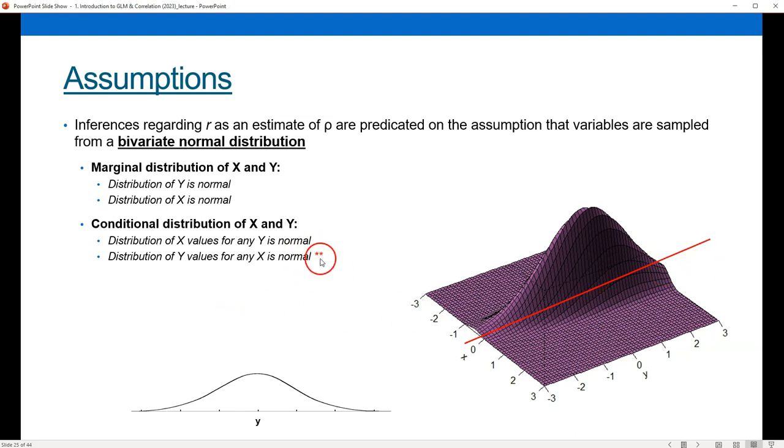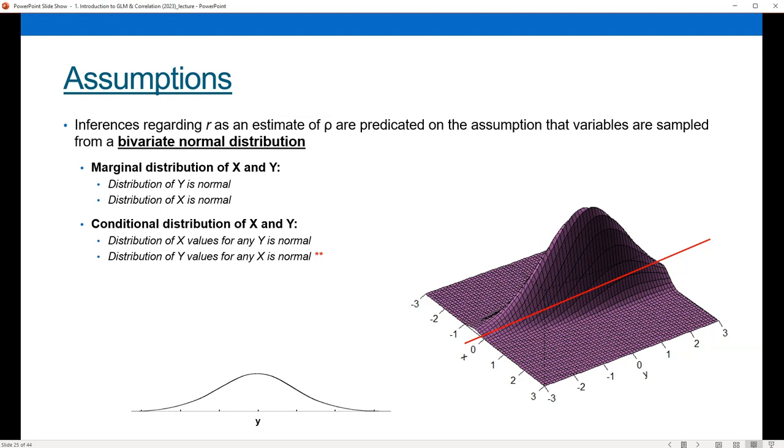Now, notice that I've asterisked the conditional distribution of y. For our Pearson correlation, we're assuming the conditional distribution of x is normal and the conditional distribution of y is normal. Technically, in regression, we have no distributional assumptions for our x values if we've sampled x as a fixed variable.